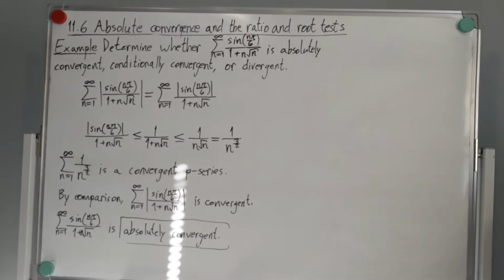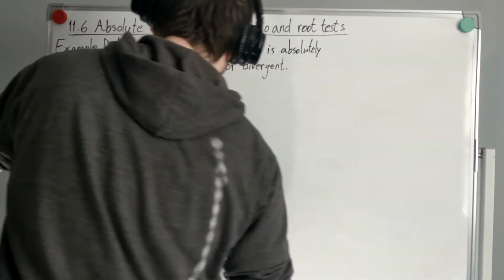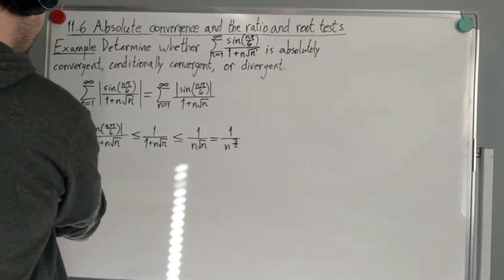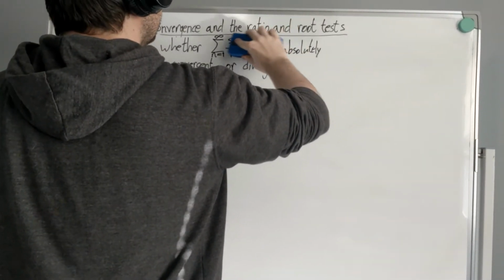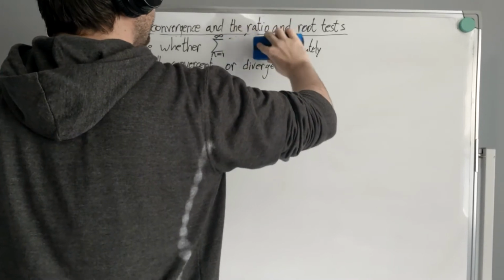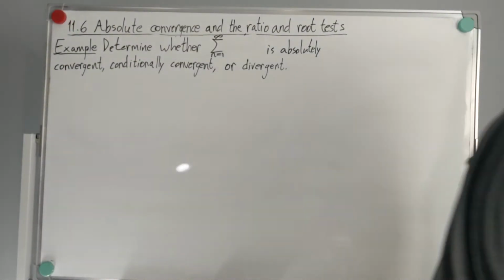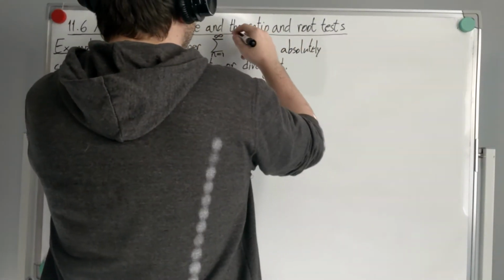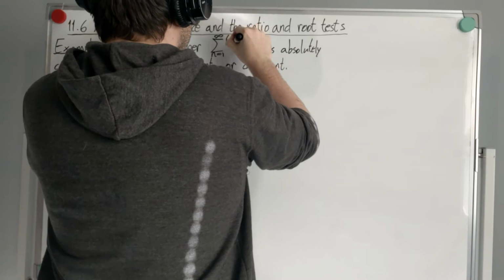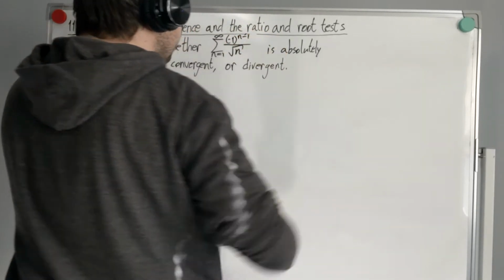Let's do one more. So this one is going to be the sum from n equals 1 to infinity of negative 1 to the n minus 1 divided by the square root of n.